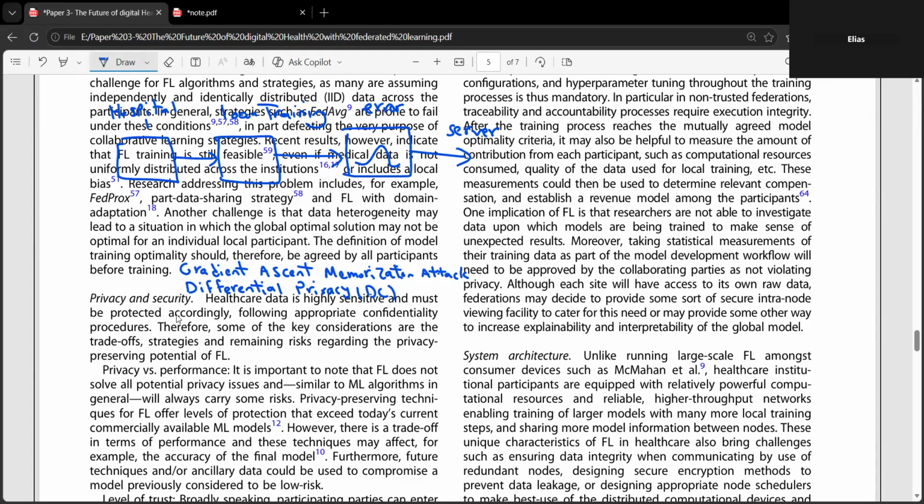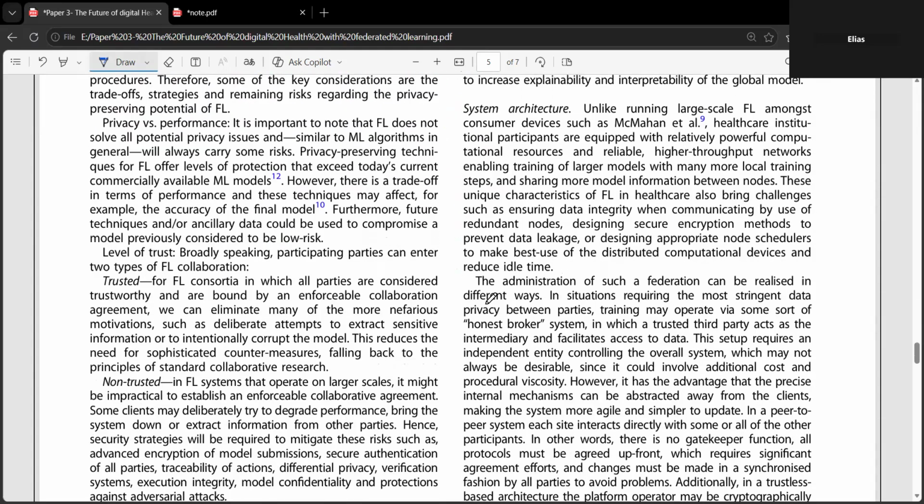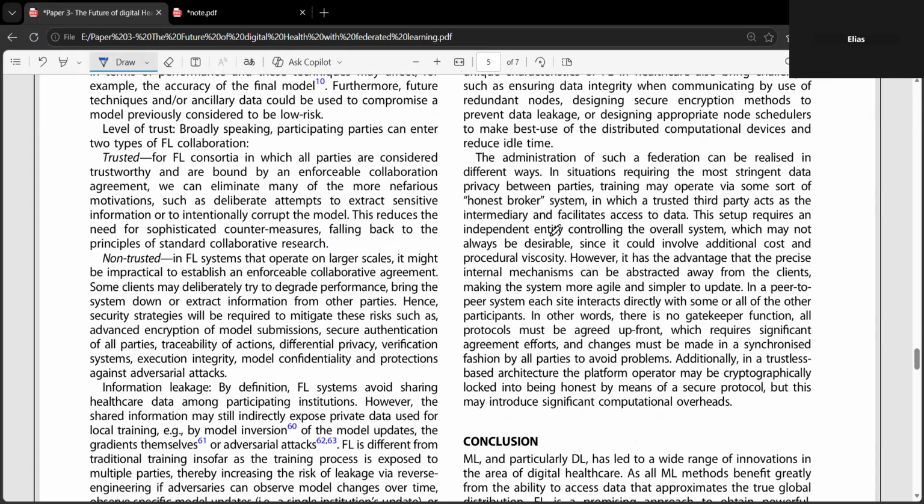The other thing this paper discusses is the financial consideration. If a hospital or a pharmaceutical institution is sharing more data, probably they want more share. So how do we decide who is doing the majority of the sharing and who should get paid more?